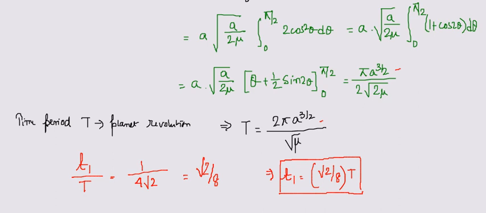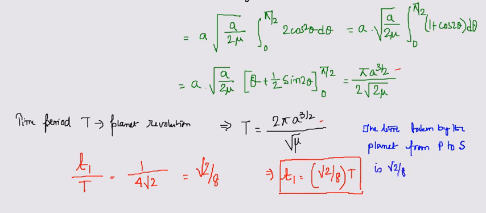So the time taken by the planet. So how to write the answer? The time taken by the planet from P to S, okay, is root over 2 by 8 times the period of the planet's revolution.